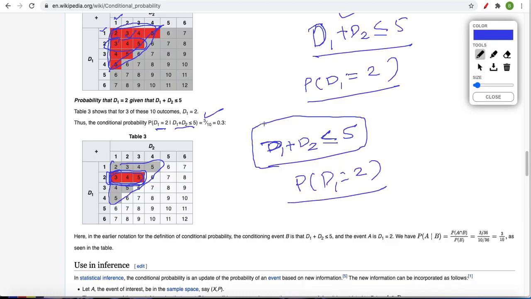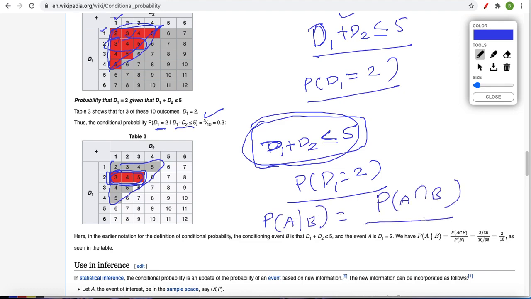What is the formula for conditional probability? Probability of A given B is equal to probability of A intersection B divided by probability of B. B has already occurred. What is B in our case? B is D1 plus D2 less than or equal to 5. This event has already occurred, right?